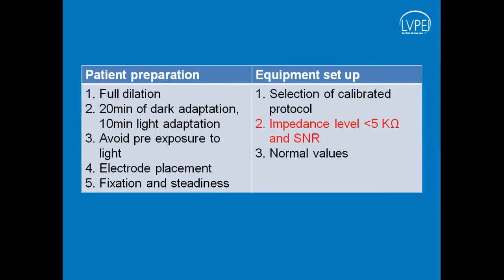The instrument may not be capable of showing you the signal to noise ratio, but during the test, if you look at the impedance level, that gives you an idea of what the signal to noise ratio should be. If it is high, there must be a lot of artifacts populating the response that we are receiving.